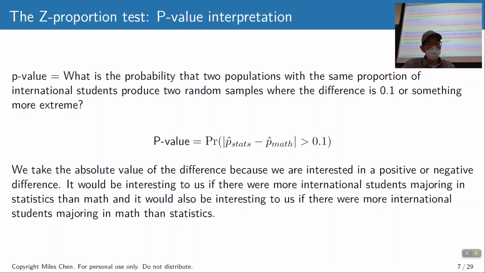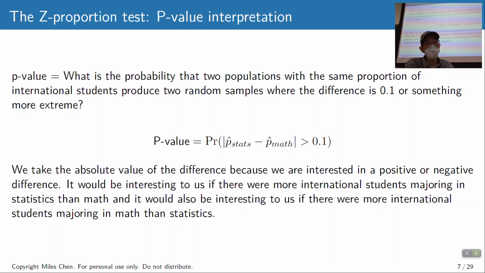In this case, because we just want to know if there's a difference between the proportion of international students who are stats majors and the proportion who are math majors, we're interested if that difference is greater than 0. We're also interested if that difference is less than 0. In our data, we happen to get more international students in the stats major than in the math major, but it would also be interesting to us if the opposite were true.